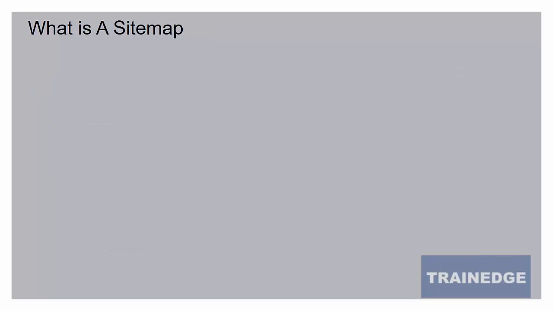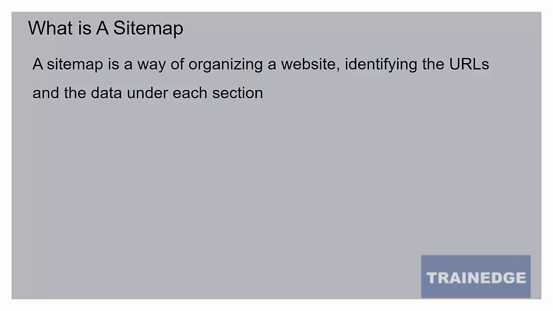Let us look at the sitemap in more detail. It is basically a way for us to organize the content on a website in a more catalog kind of fashion, so it becomes easy for search engines to discover pages on the site.